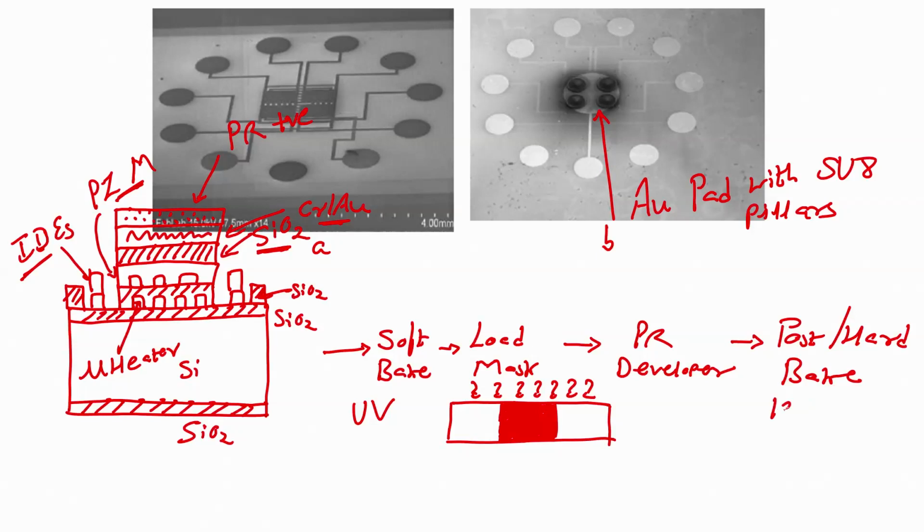Post bake or hard bake is done at 120 degrees for 1 minute on a hot plate, right. After post bake, what is the next step? Next step would be I will etch chrome gold from the unwanted region.